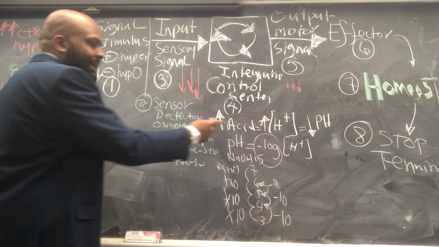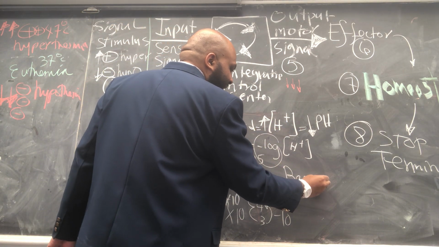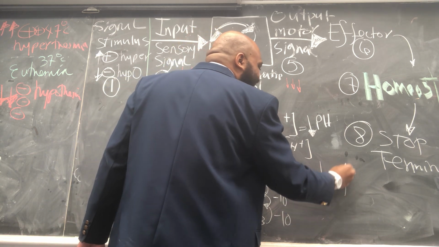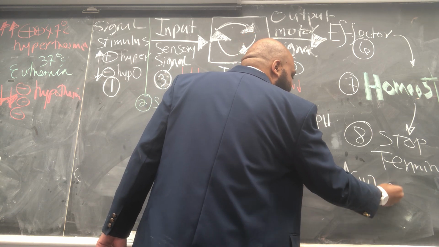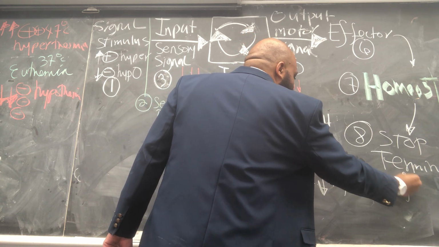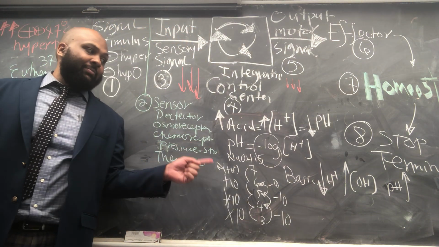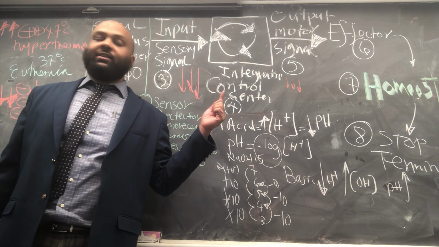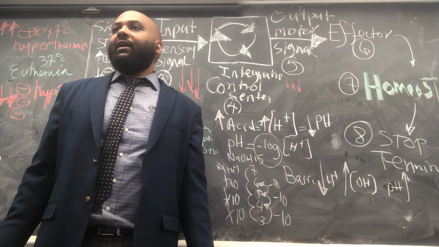So now we know what acidic is. What about basic? Basic means low hydrogen proton, means high hydroxyl OH, and it means pH high. You need to know this one, that basic means low hydrogen proton, high hydroxyl, and high pH.